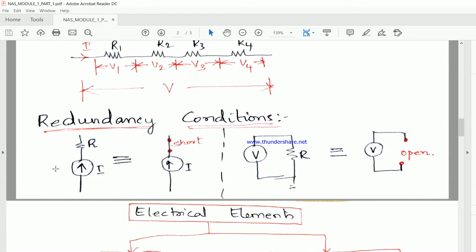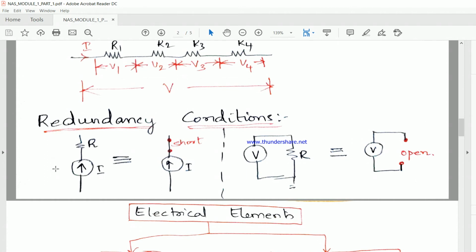So what we do here is we normally remove the resistance and create an open circuit there, because the voltage is not getting dropped irrespective of the value of the resistance. So I am going to remove R and make it open.